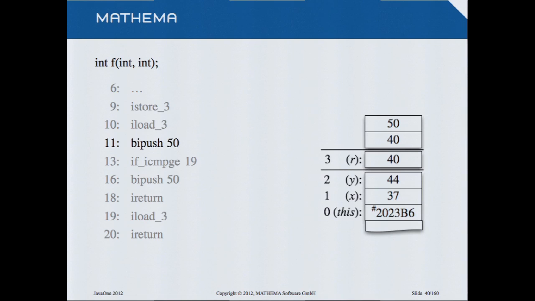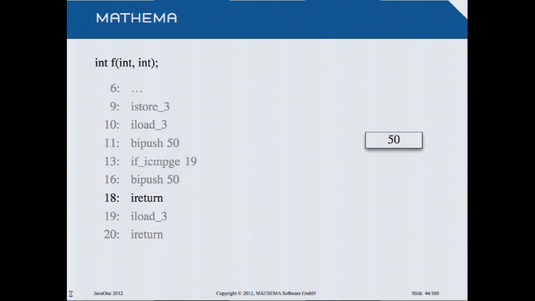Okay, then we push 50, then we compare both elements, and now we remove both elements and decide if the first element is greater or equal to the second. And if the element is greater or equal, then we jump to position 19. But because 40 is less than 50, we go to the next instruction.